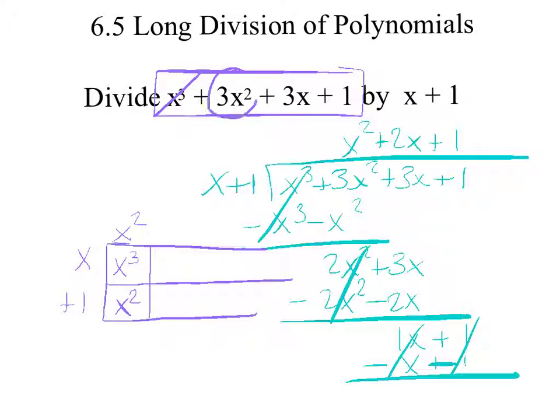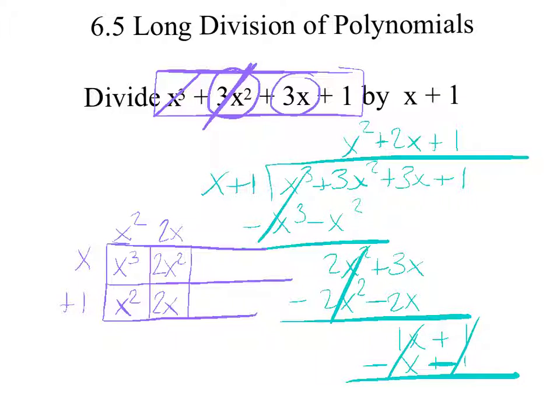Now I'm looking at 3x squared, and I'm asking, how can I get 3x squared? So far I have 1. I need 2 more. So I'm going to make this top box 2x squared. If I do that, above it I'm going to need a 2x in order to multiply by x to get 2x squared. By the way, I have 3x squared, so I can cross that off. So now the bottom box is going to be 2x.